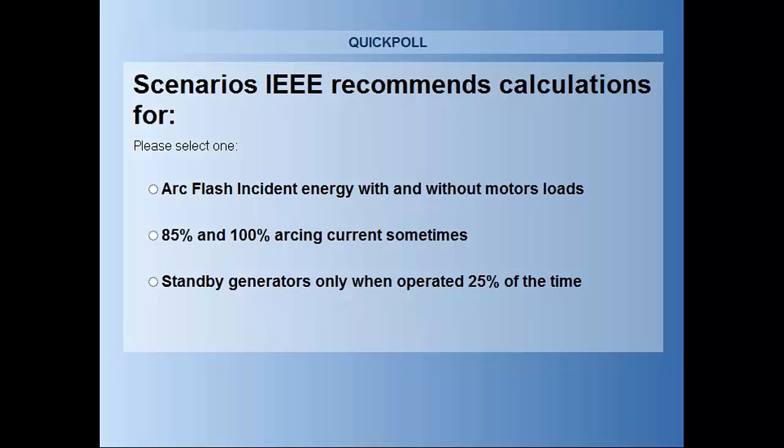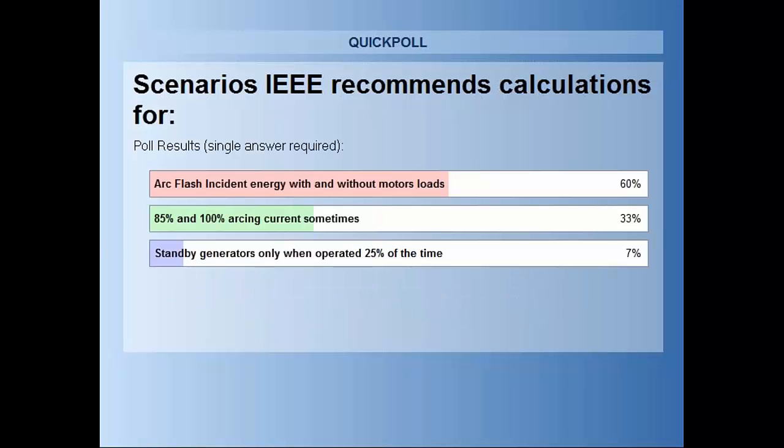In some ways I'm taking liberties with the verbiage, but there is some potential confusion, both in the way it's presented by NFPA and IEEE, and in some regards it's a feature in the tools that people don't readily understand. So again, I appreciate your feedback. To be honest, it's kind of a trick question. Here's how people are responding, and I'll get into more details.